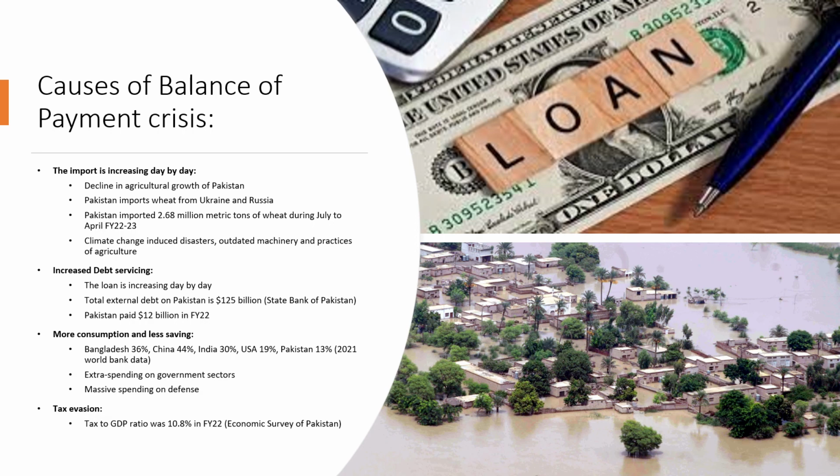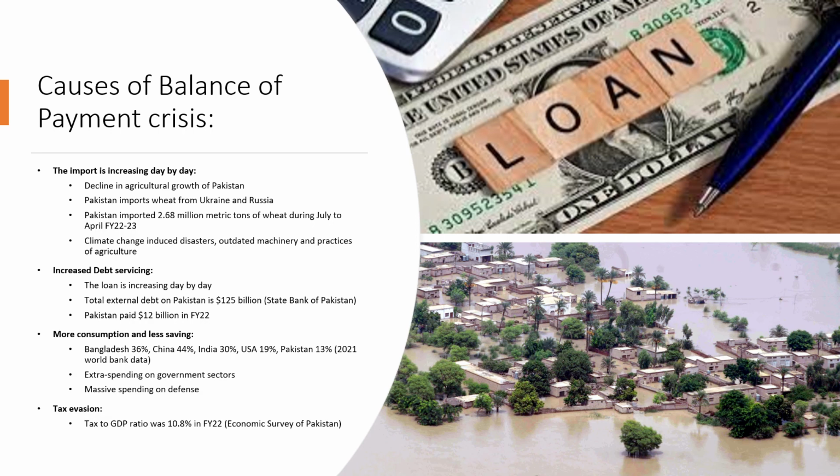Another cause of balance of payment crisis is the increased debt servicing. We all know that we take loans from IMF and other friendly neighbors also, and we have to pay back this loan also. The loan is increasing day by day and we have to pay it back. Today, the total external debt on Pakistan is $125 billion. This is a statement of the State Bank of Pakistan.